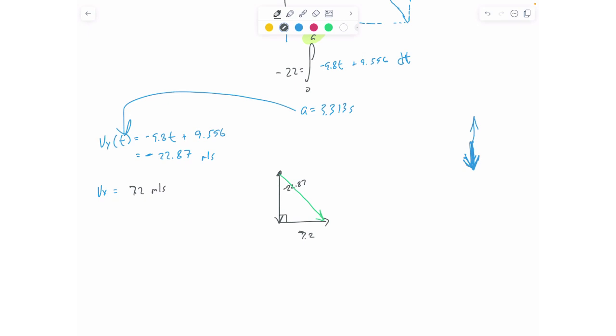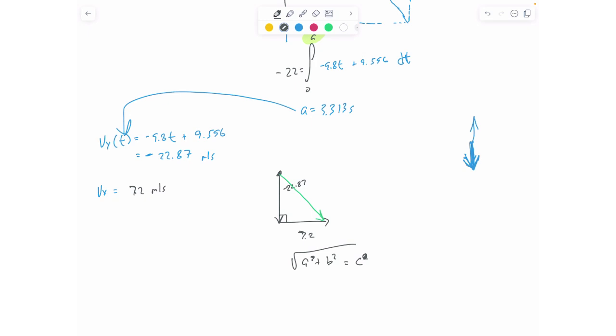Actually, you have all three sides, right? If you want to find the length of this other side, how would you do it? Well, it's Pythagoras theorem, right? A squared plus b squared equals c squared.